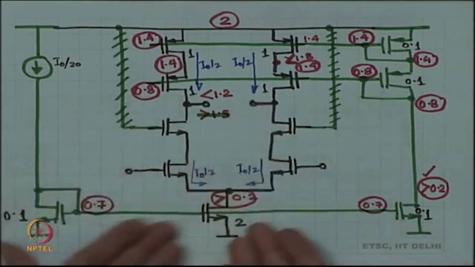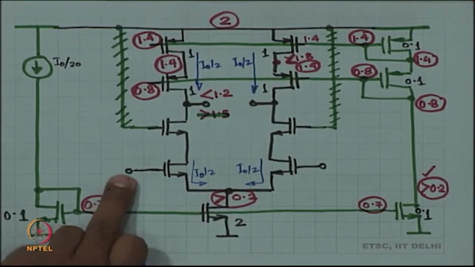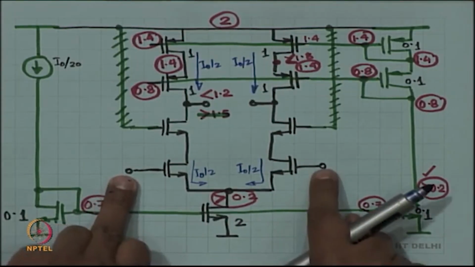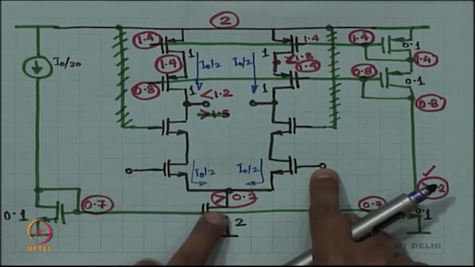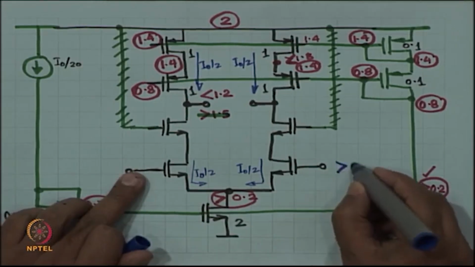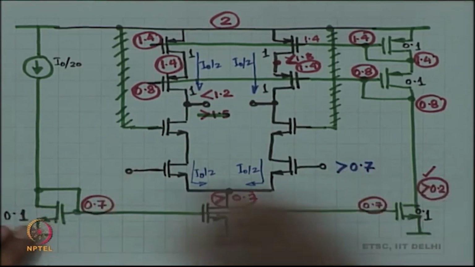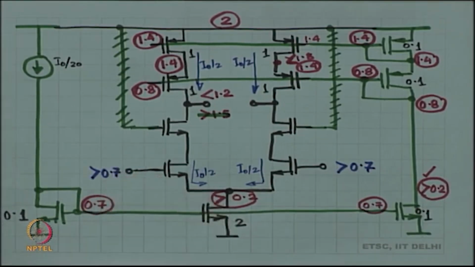All right. So, we will place a voltage over there. Let us go from bottom up. Okay. So, what is the lowest voltage over here at the input? Input common mode has to be more than 0.7. Okay, as long as it is something more than 0.7, then this node is going to keep the bottom tail current source happy.